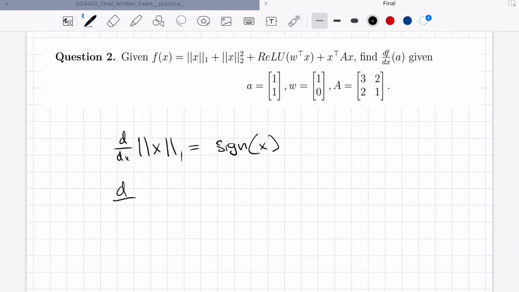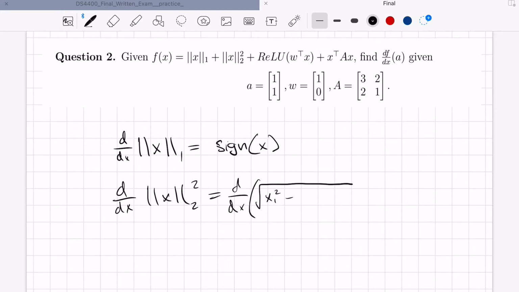Now, the derivative of the L2 norm squared is actually quite simpler. This is simply the derivative with respect to x of the square root of the sum of each component of x squared, and then we square this function.